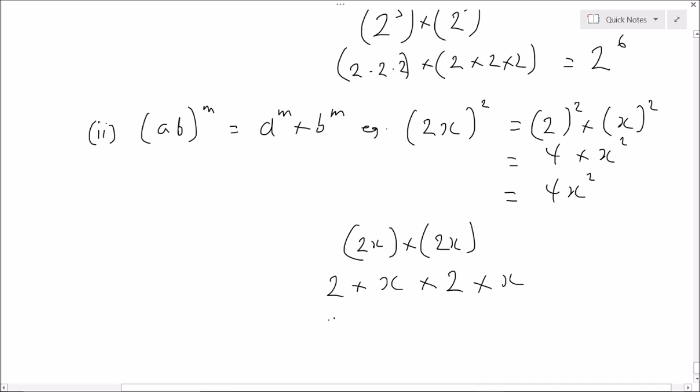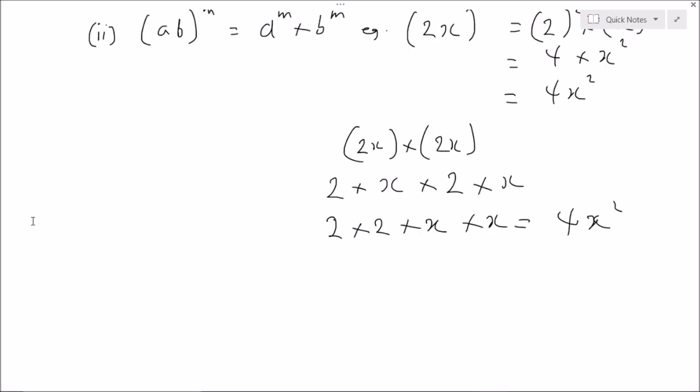Grouping this gives us 2 times 2 times s times s. And we all know that 2 times 2 is 4, and s times s is s squared. It is the same as the answer that we have above here.